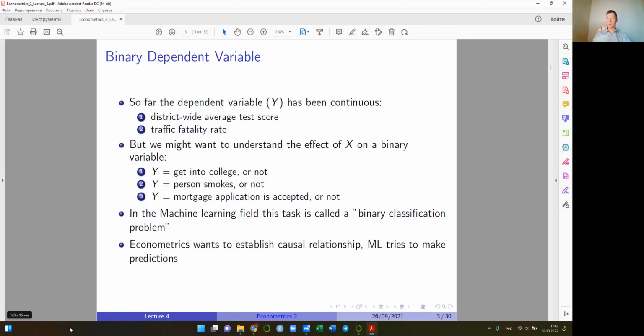In machine learning, we usually want to make some predictions, to classify some object when we don't know to which group it is attributed. For example, we want to predict whether email is spam or not, whether we need to approve his mortgage application or not, and so on.